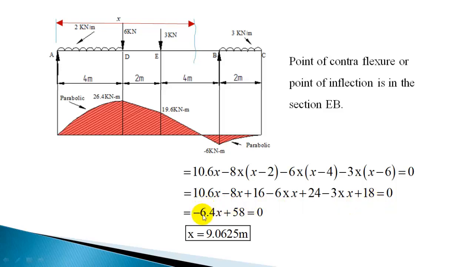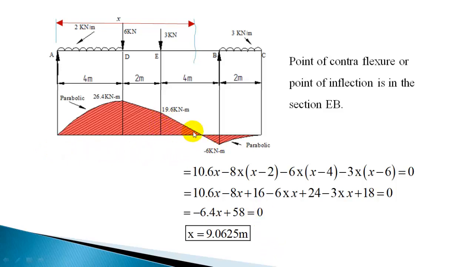So we get minus 6.4x, and all these constants if you add you will get 58, and you can solve x as 9.0625 meter. So this is the distance at which bending moment is coming to 0. So the point of contraflexure occurs 9.0625 meter away from the left end.